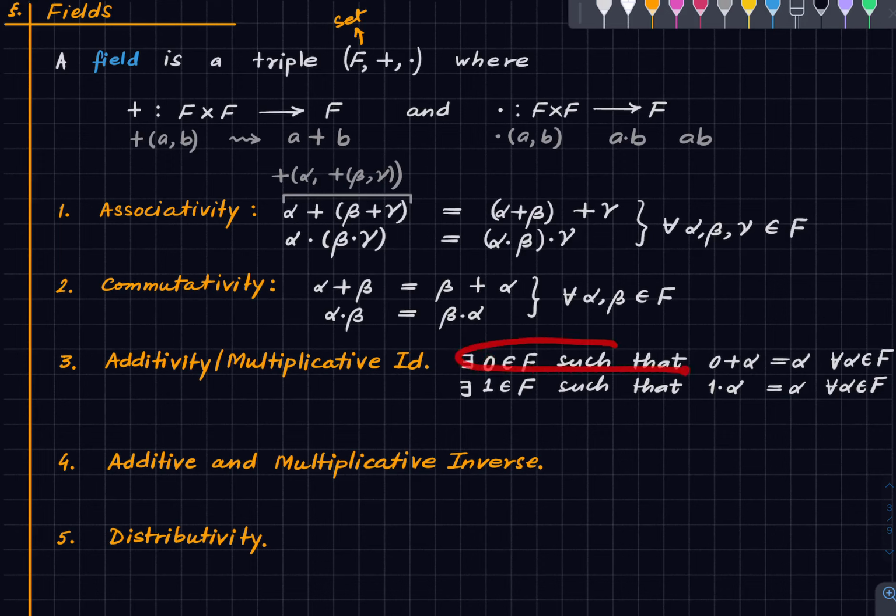This insists only on the existence of such an element, which is called the additive identity. We haven't proven uniqueness yet. So this is called an additive identity if it satisfies this for all alpha, and this axiom insists that there is at least one additive identity in the set F.